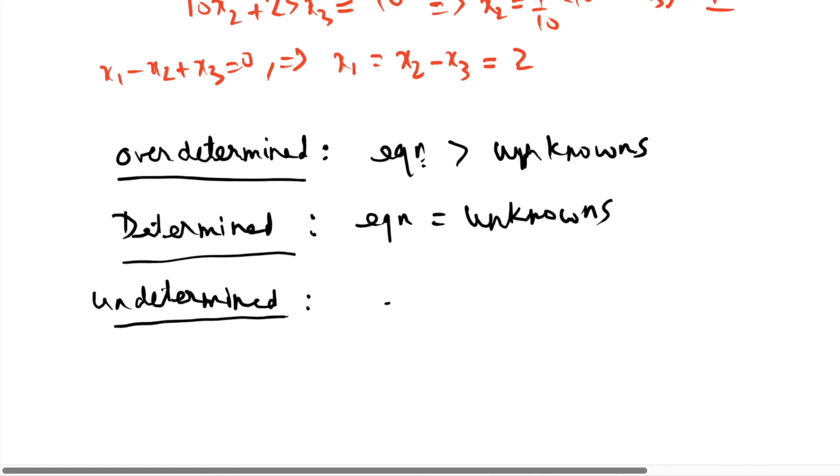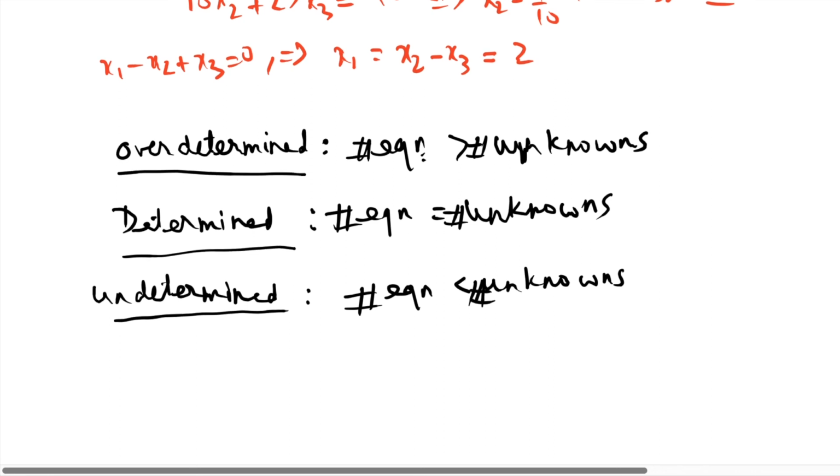In this case, the number of equations is less than the number of unknowns.